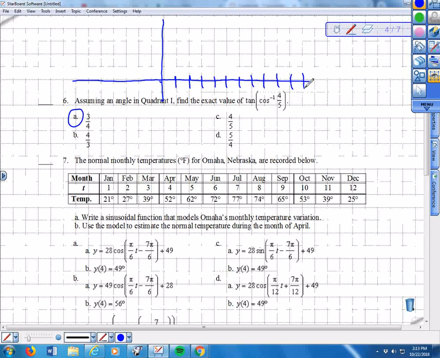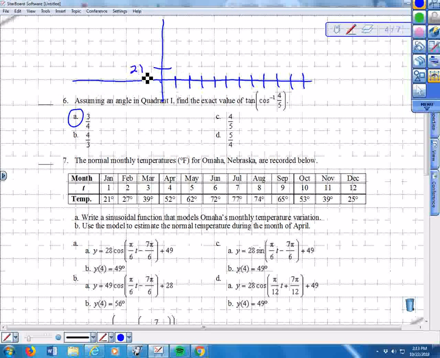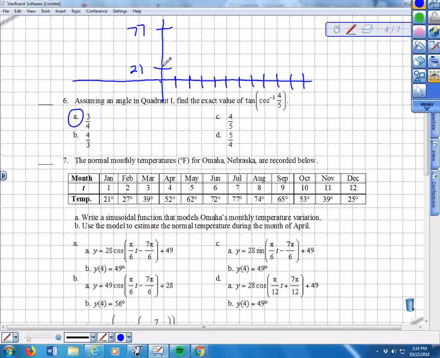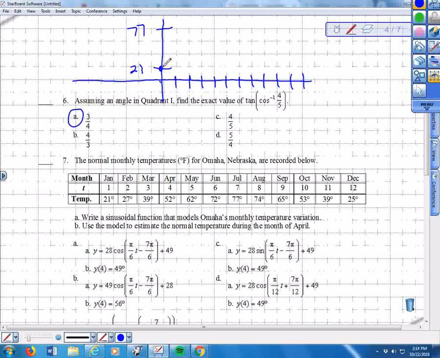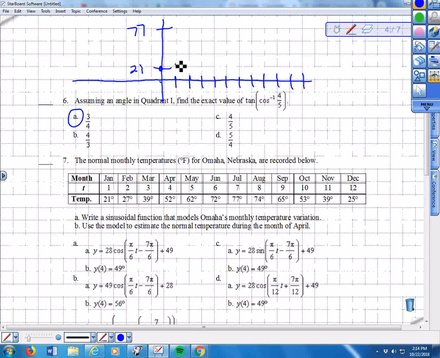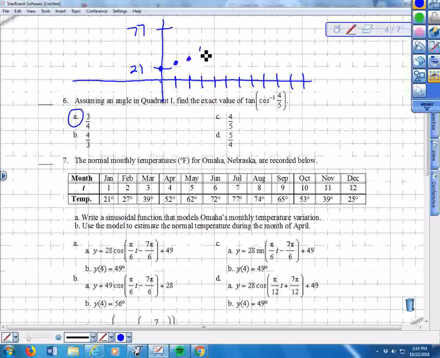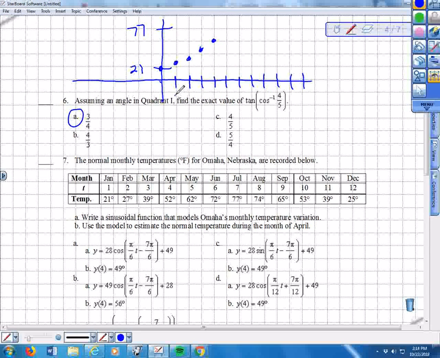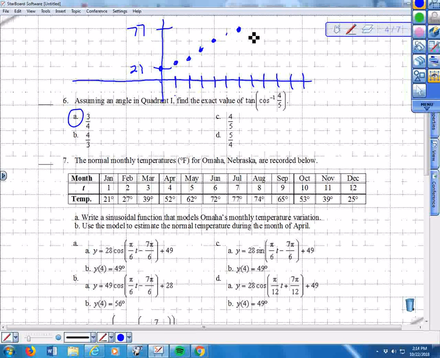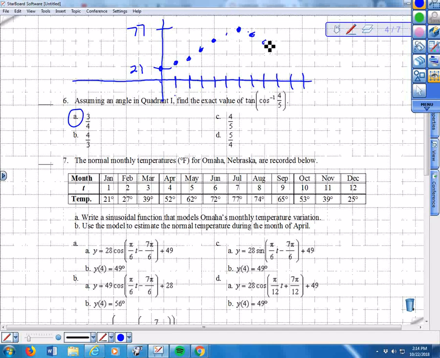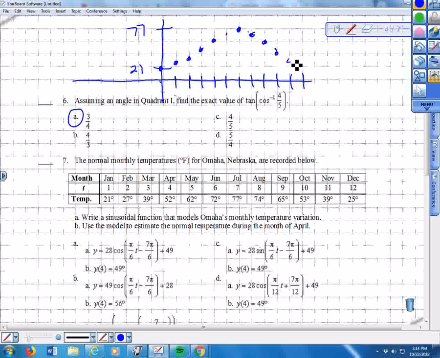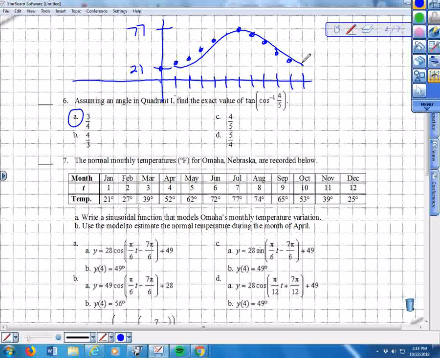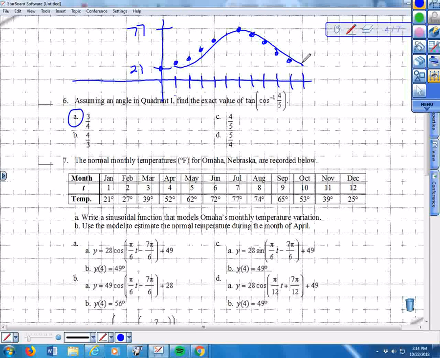In January, it goes from 21 to 77, my high and low. So here I'm at 21. February is at 27. I'm just gradually going to get higher until I hit 77. It's not exactly the same points on every side, but you get the idea. So there's your sinusoidal function, and then it just repeats.